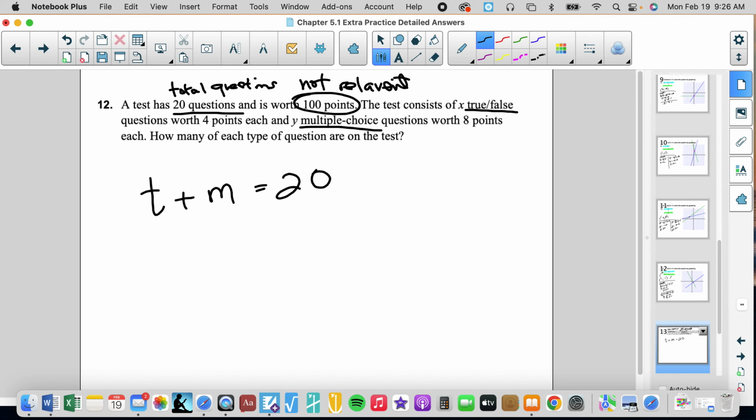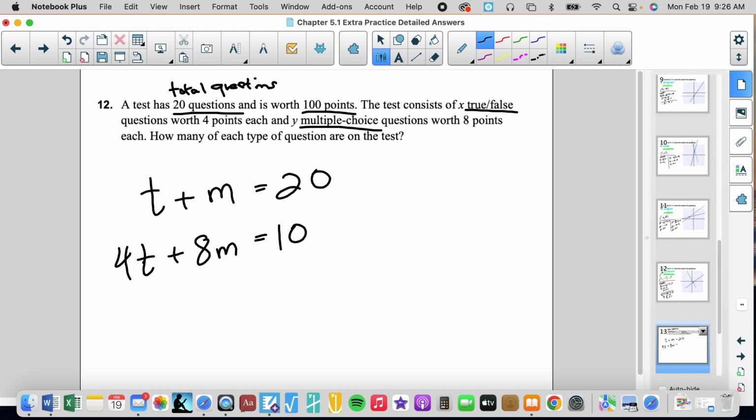Now, if true and false are worth 4 points each, if I take 4 times the number of questions, that should give me the total number of points for true and false. And multiple choice is worth 8 points each. So if I take 8 and multiply it by M, actually, that is relevant, very relevant.